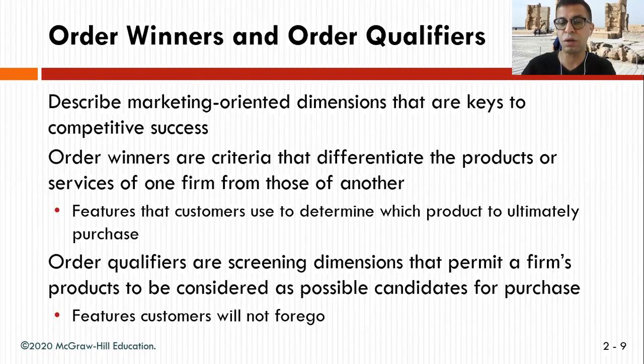Order winners are criteria that differentiate the products or services of one firm from the others. Another example: to do a qualifier, you say, I need 100 laptops.